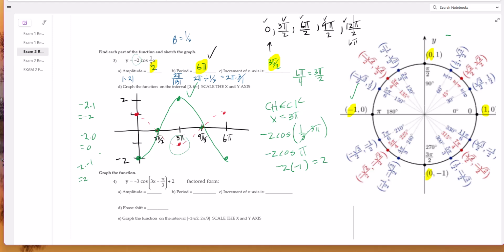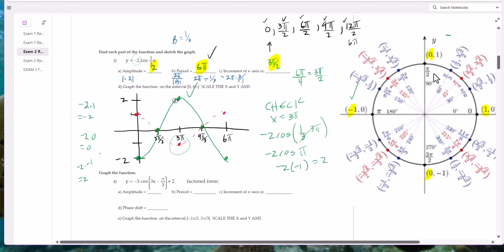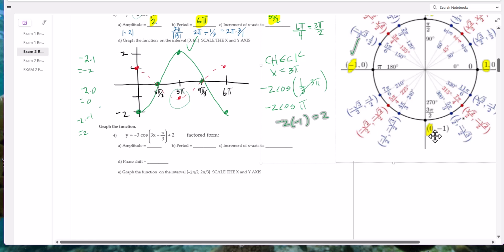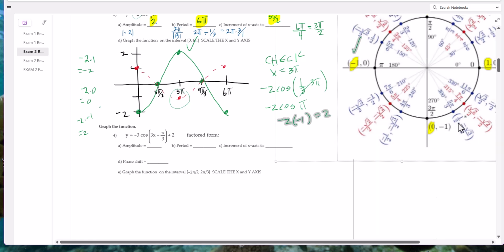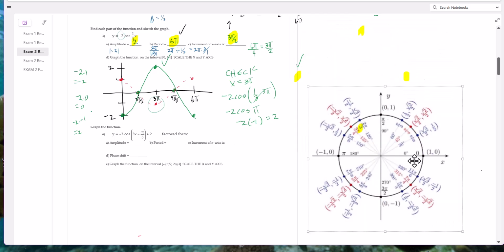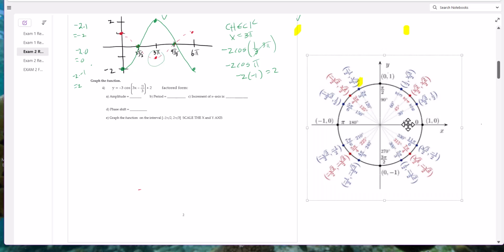Now when we get to the next problem, we're going to be looking more at a phase shift now. Okay, so let me kind of get this set up. Let me move this unit circle somewhere over kind of to the side here. Although you don't really need the unit circle if you've got everything memorized on here pretty good, how the graphs go.